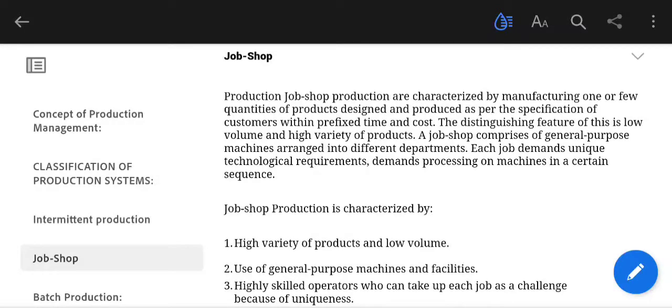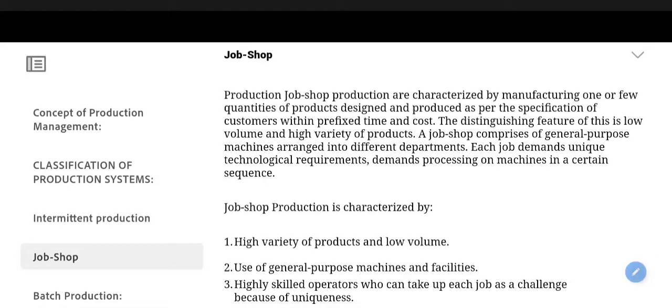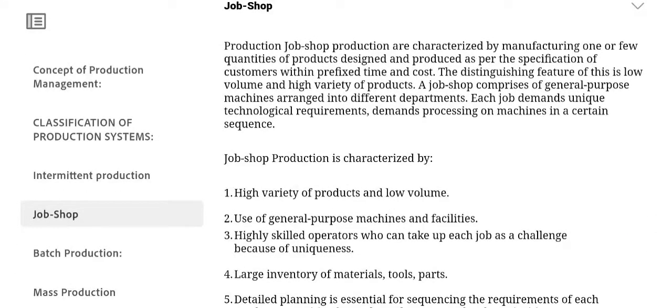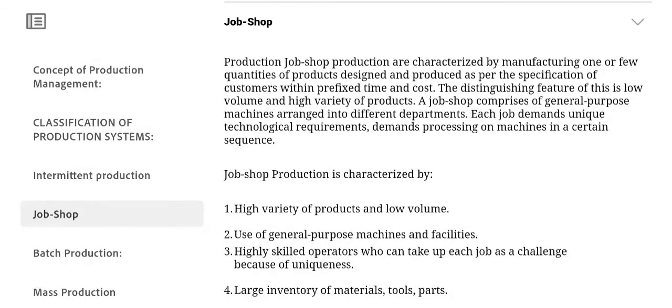Each job demands unique technology requirements and processing on machines in a certain sequence. Here we have high variety of products as well as low volumes. They are continuously changing things to deliver the exact orders required. So for satisfying customer needs with low demand but high variety, we can use this system.